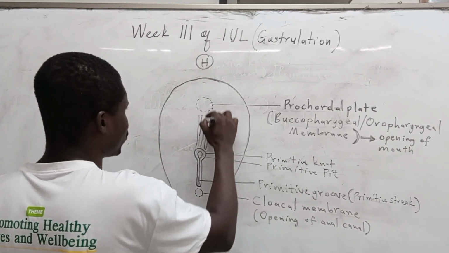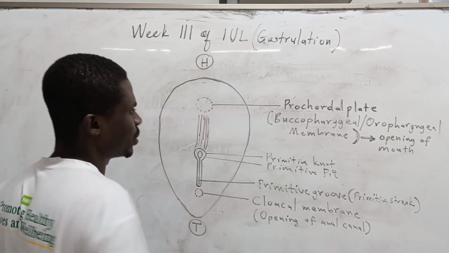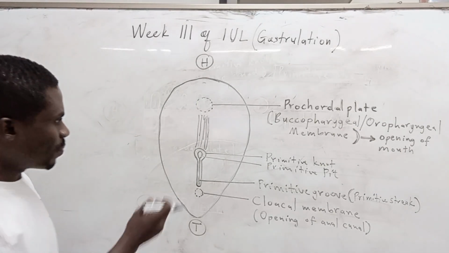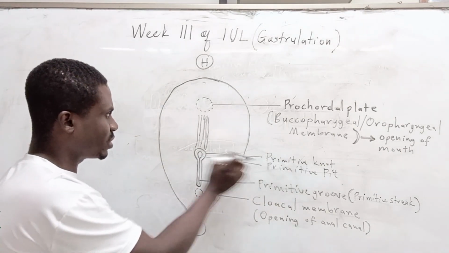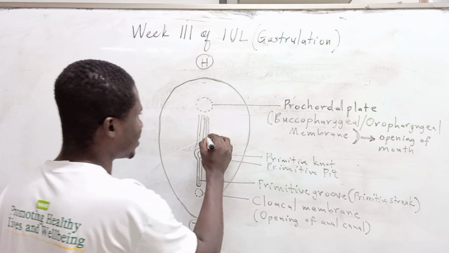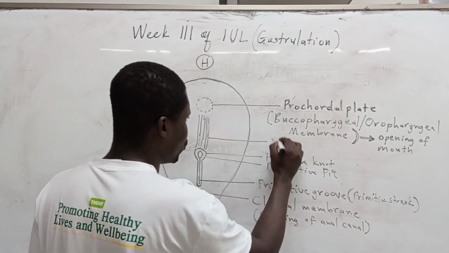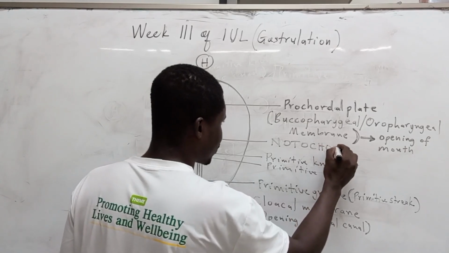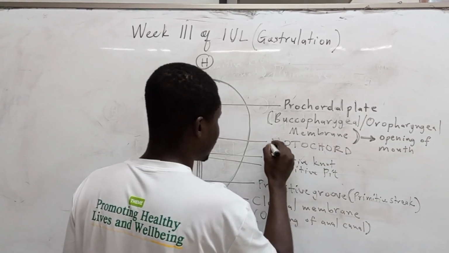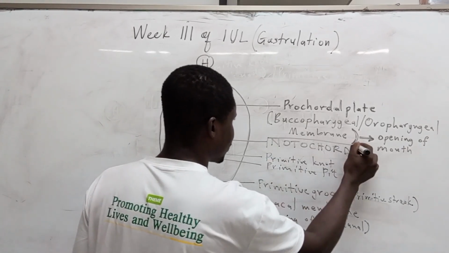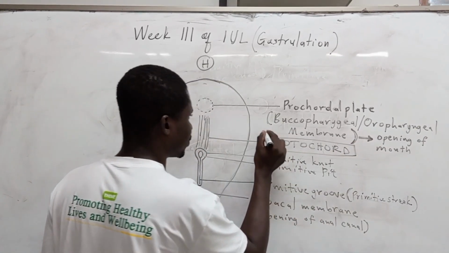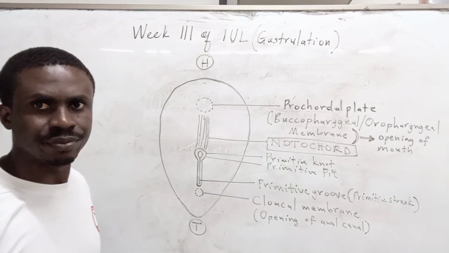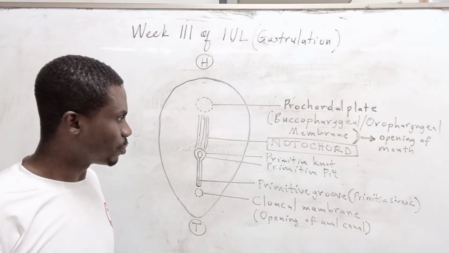There will be another structure coming out in this manner. From the cranial aspect of the primitive knot, we see this guy. And my friends, this guy is something we call the notochord. Notochord. Yes, that's what we see.